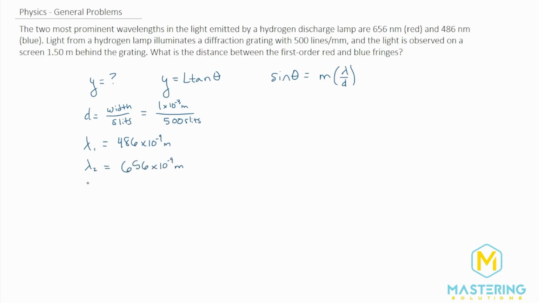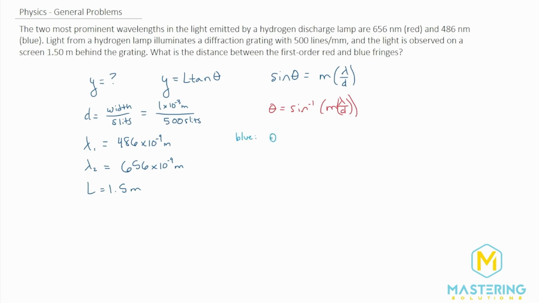We're also told that L is 1.5 meters behind the diffraction grating. So now we have everything that we need for the theta for both of them, but we need to isolate theta, so we'll take the inverse sine of both sides of the equation. So theta is equal to the inverse sine of m times lambda over d. And now we can plug in our information.